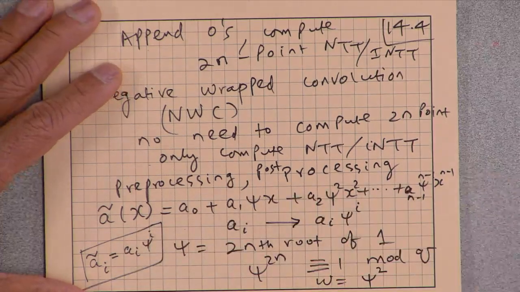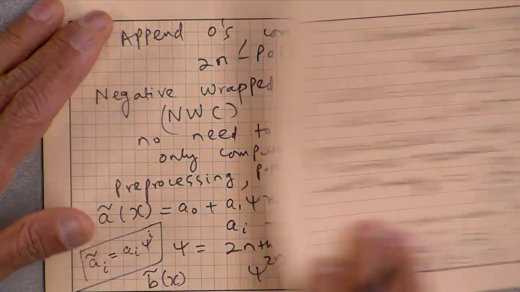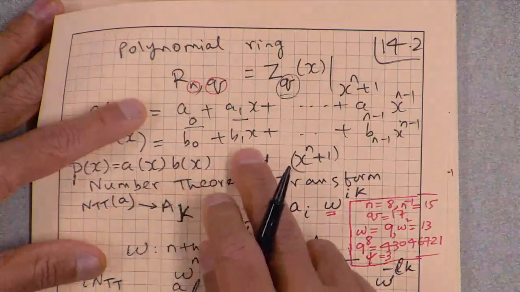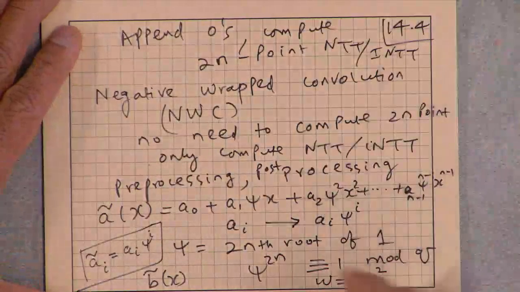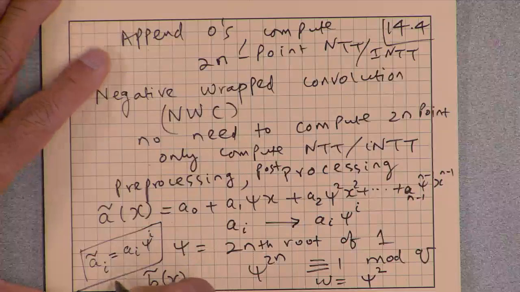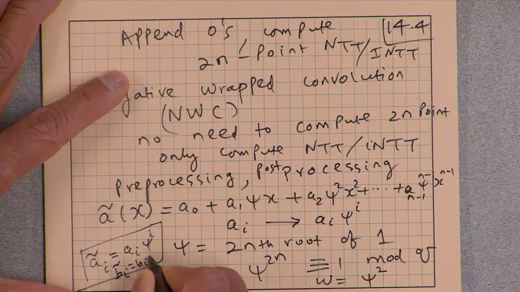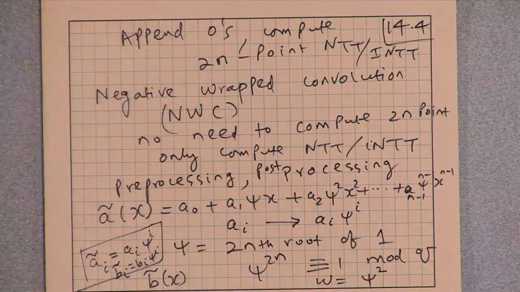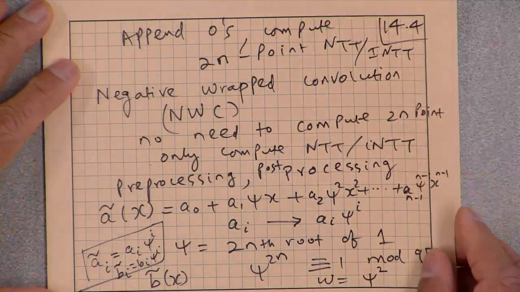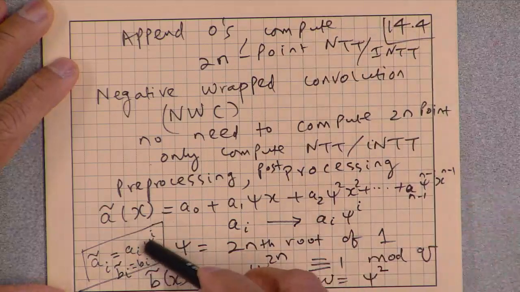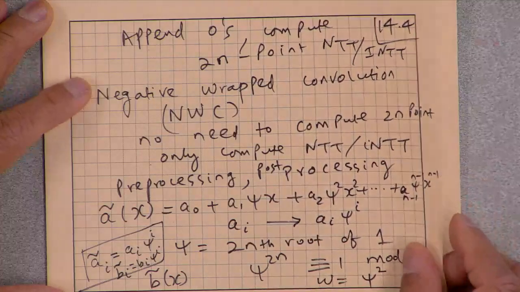B tilde x is written exactly the same way: B0 plus B1 psi x plus B2 psi squared x squared. That's our pre-processing step. If I pre-process the coefficients of A i and B i by multiplying them by psi to the power i, then I get a new polynomial A tilde and a polynomial B tilde.